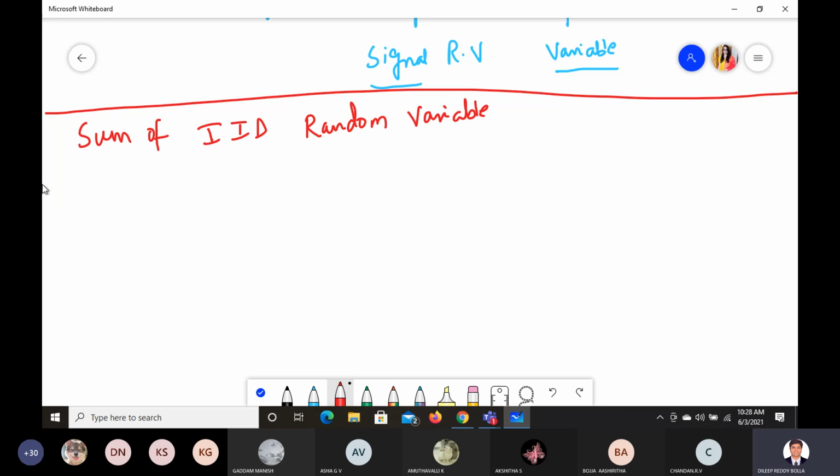What is this IID? This I stands for independent, and this I stands for identical.